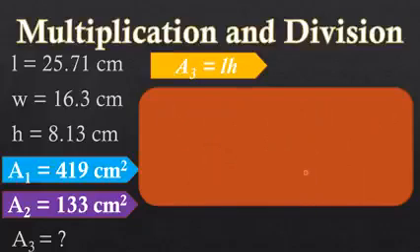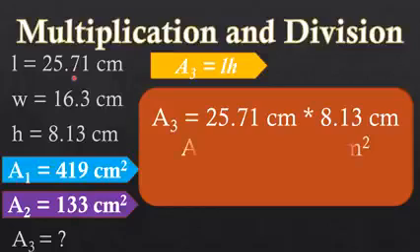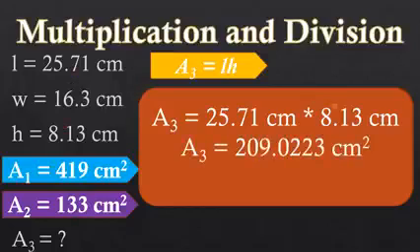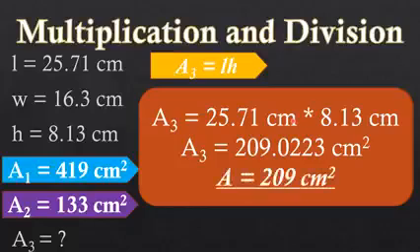For the final area, that is simply multiplying length by height. Okay? Yung L magiging 25.71, yung H magiging 8.13. By substitution, then multiply. The product is 209.0223 square centimeters. Again, our final answer must contain 3 significant digits.